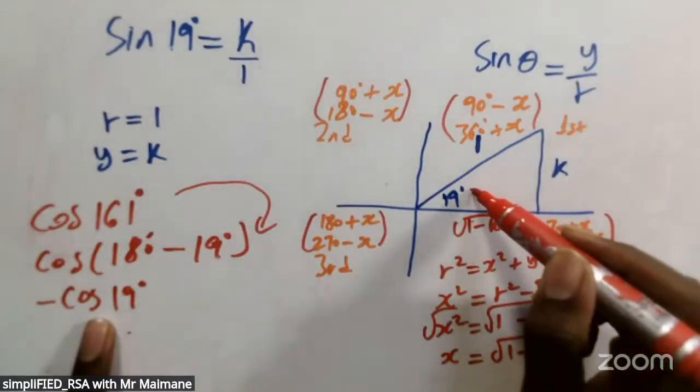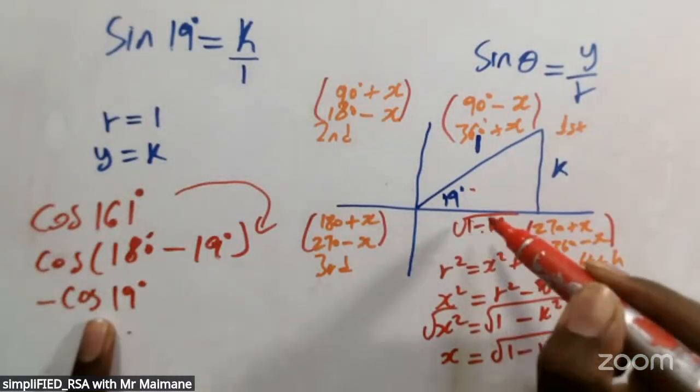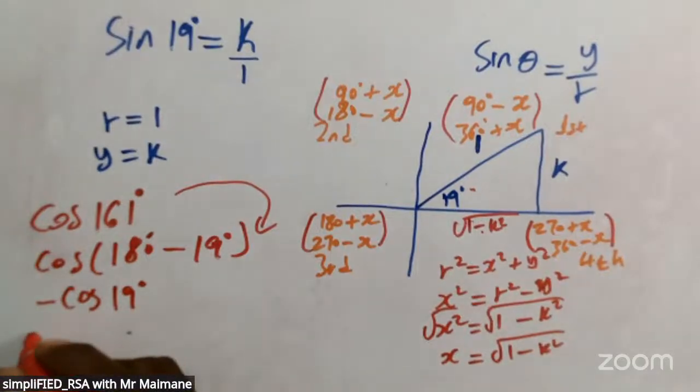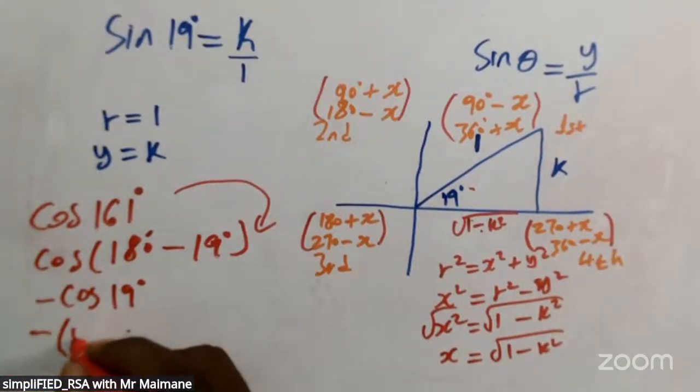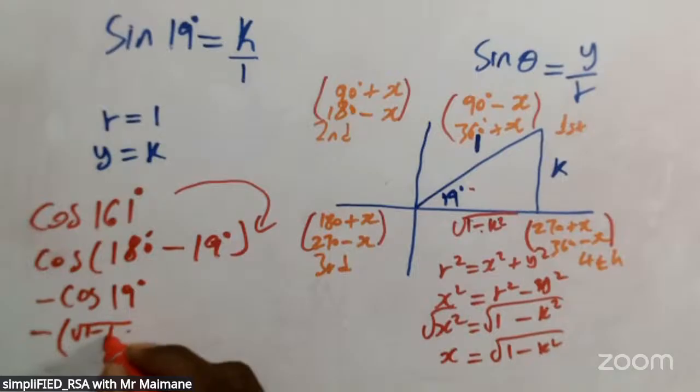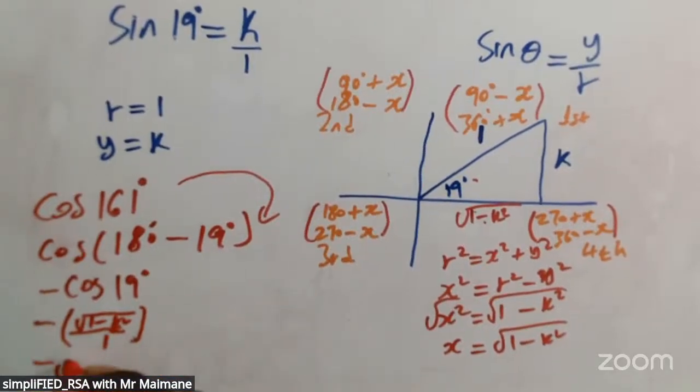According to your diagram, cos is adjacent over hypotenuse. So this will be negative, adjacent square root of 1 minus k squared over hypotenuse, which is just 1, but it doesn't really matter. So the answer is just going to be negative square root of 1 minus k squared.